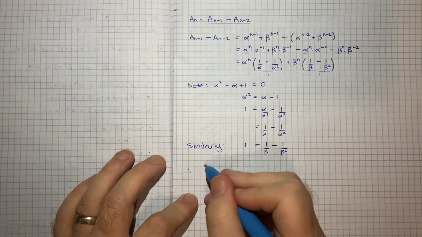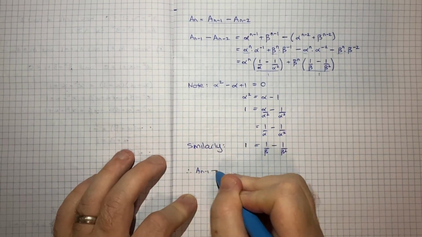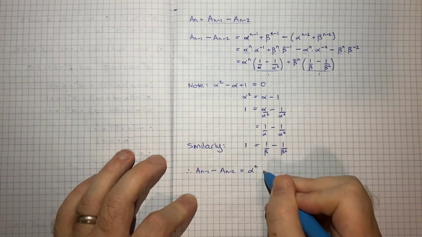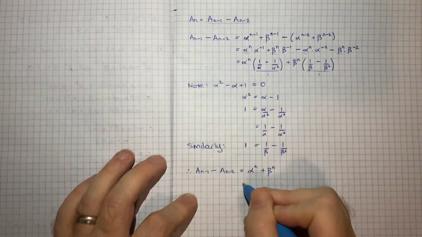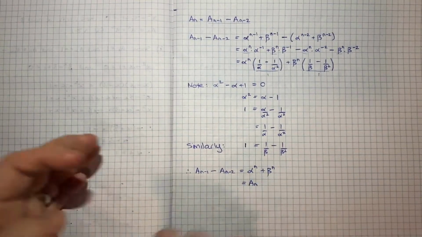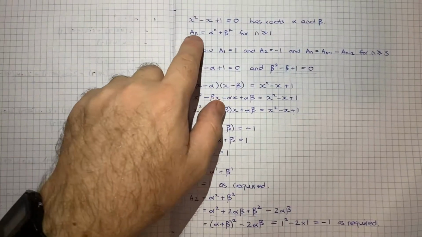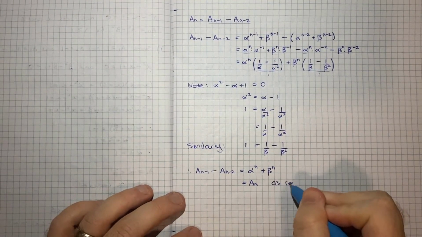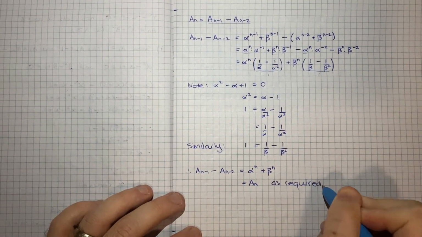Therefore, we can say that AN minus 1 minus AN minus 2 is equal to alpha to the n plus beta to the n, which is by definition AN, as required. So that's the last thing we were being asked to show for part 1.